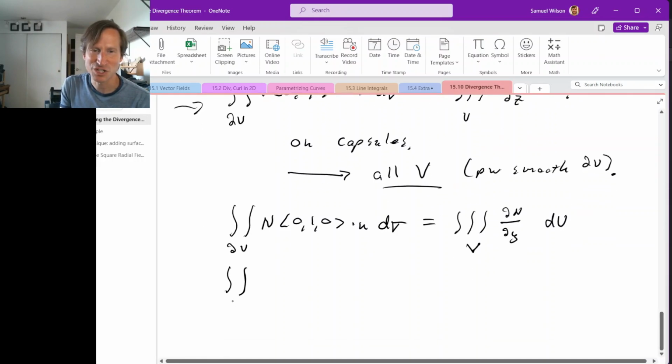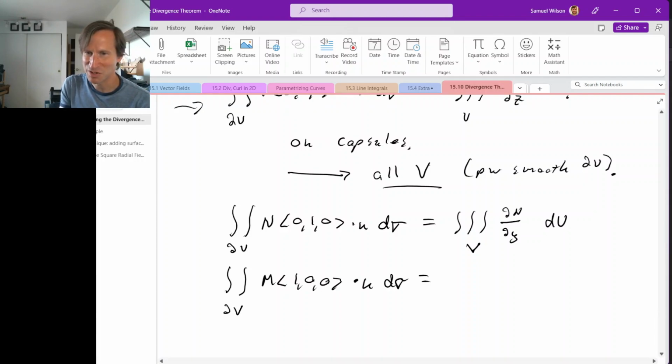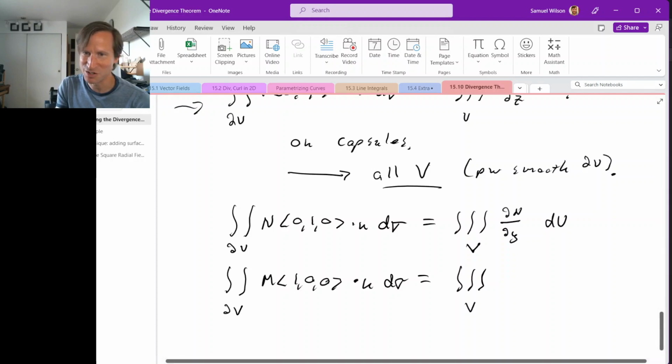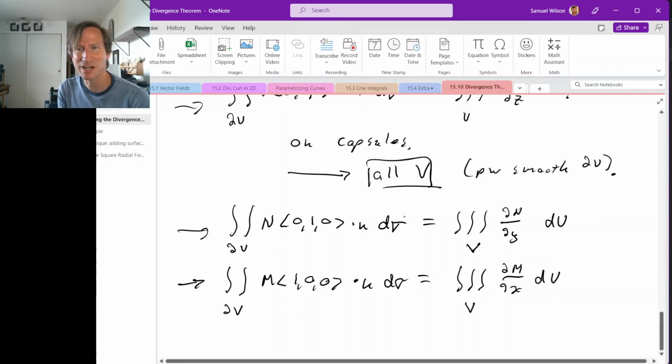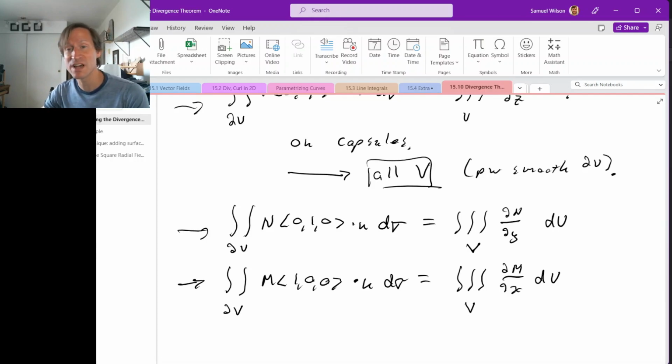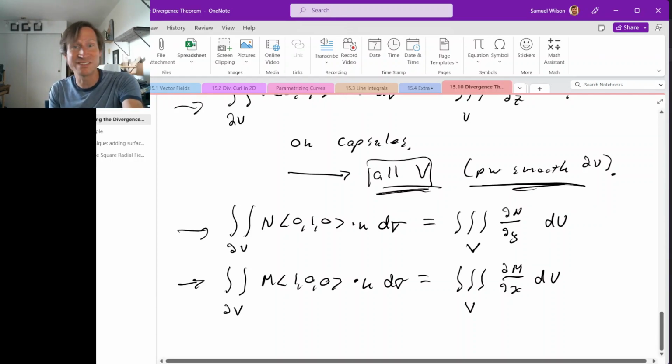And then the third version is that the integral over the boundary of V of M times (1, 0, 0) dot normal dσ is going to be equal to the integral over the volume of partial M partial x dV. So all of these are going to be true for all volumes with piecewise smooth boundary, and when you add them all up, you get the divergence theorem. That proves the divergence theorem is true for all volumes with piecewise smooth boundary, which is exactly what we wanted.